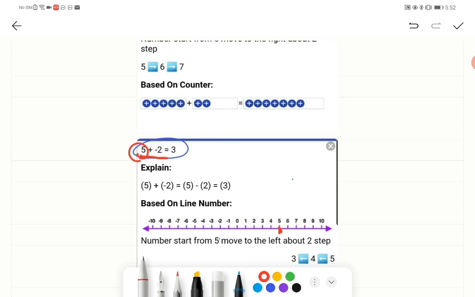It is given minus 2, so move back 2 steps. 1, 2, so 3 is your answer. So this is 5 plus minus 2 plotting.